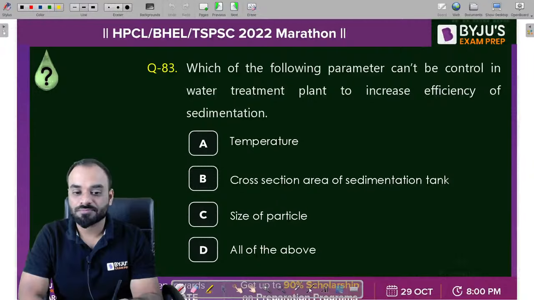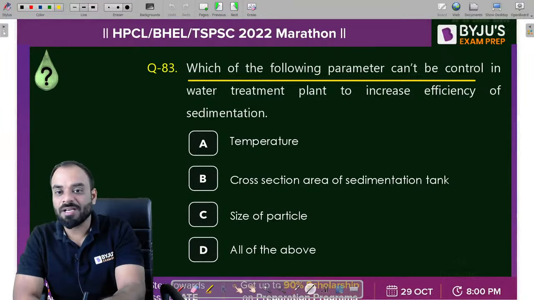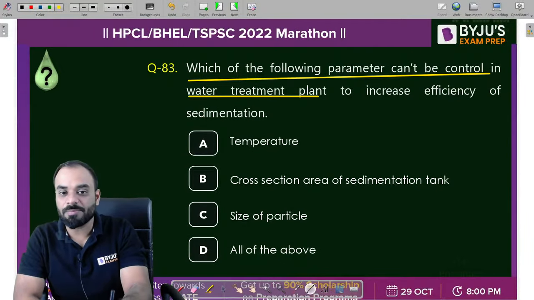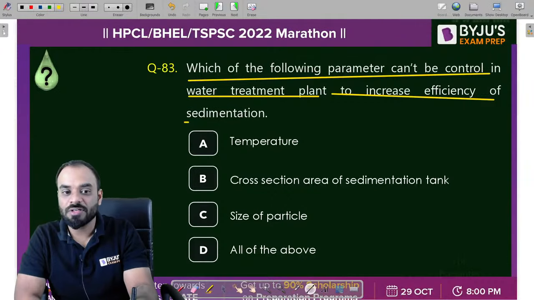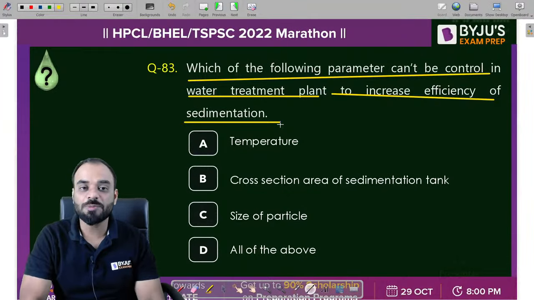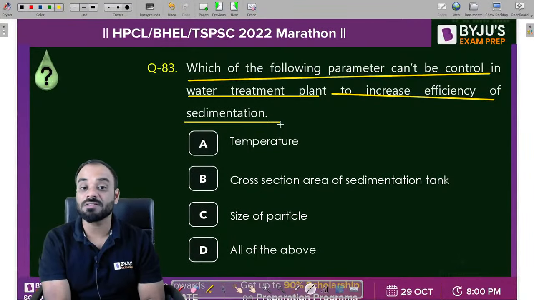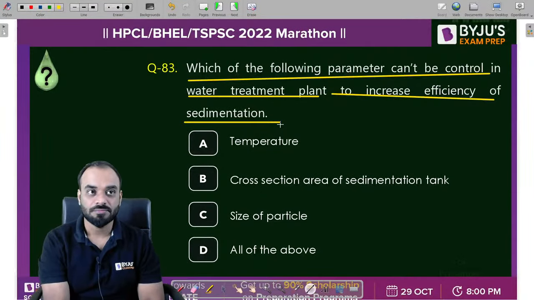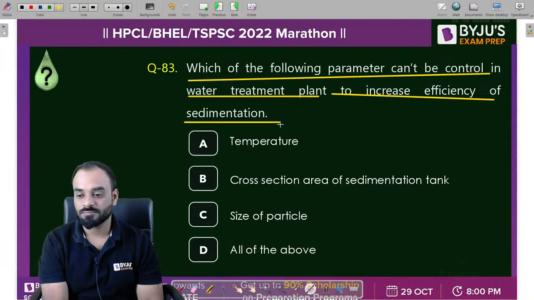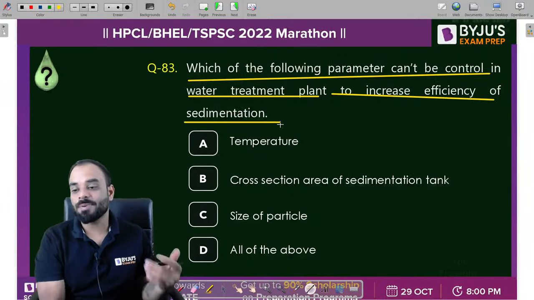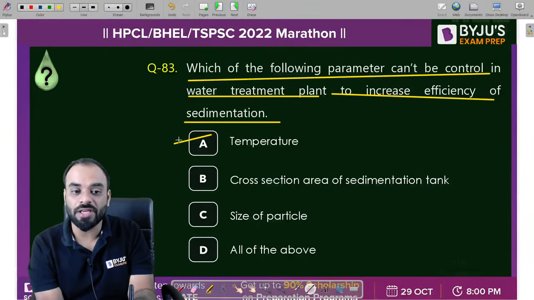Next question. Which of the following parameters cannot be controlled in a water treatment plant to increase the efficiency of sedimentation? Which particular parameter you are not able to control in water treatment plant? Tell me guys. A. Temperature we are not able to control in WTP.